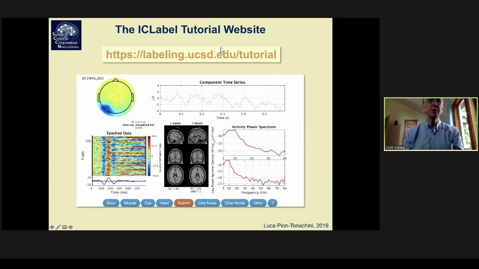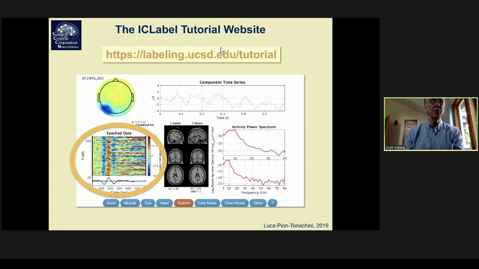Here's the scalp map. Here's the data variance accounted for. This is a large component, it makes a large contribution to the data. You see there's lots of channels, but it accounts for 3.6% of the data. It's the third ranked by variance of all the ICs.